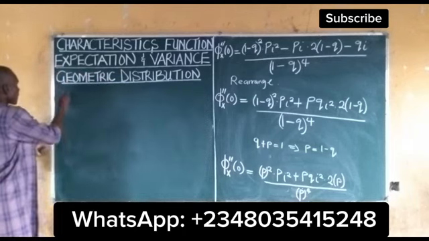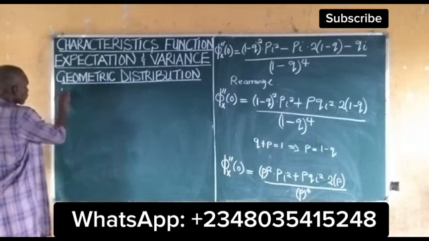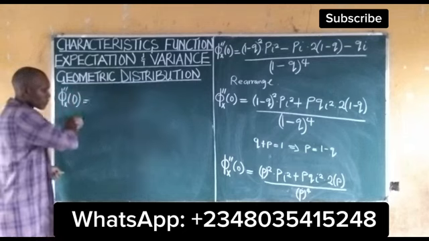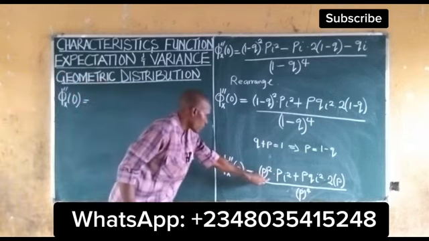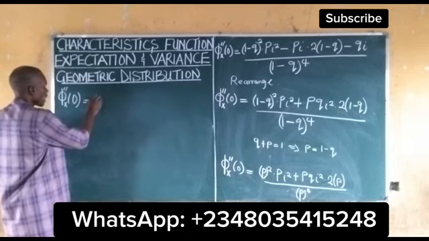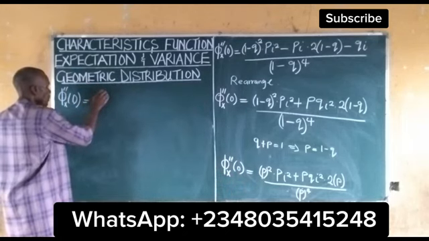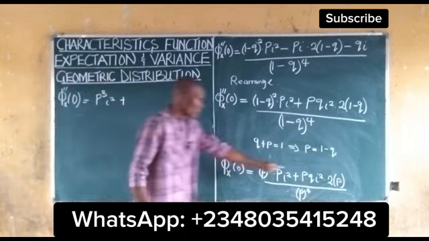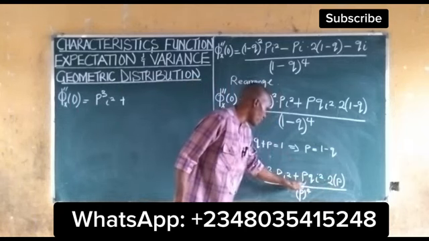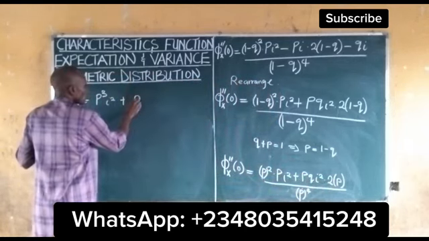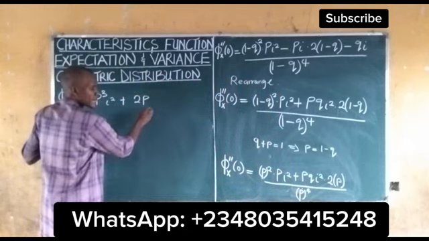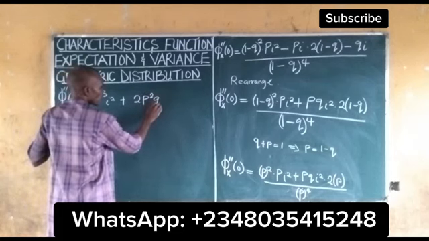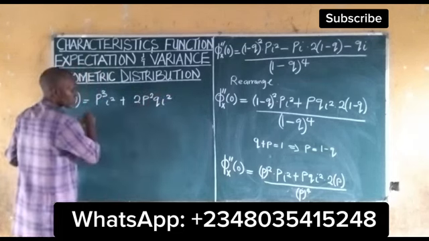So it then means that our characteristic function for the second derivative at t equal to 0 will now be p multiplied by t will give us 3p. So we have p3 i squared plus, this is p multiplied by p, we have 2p squared q i squared.